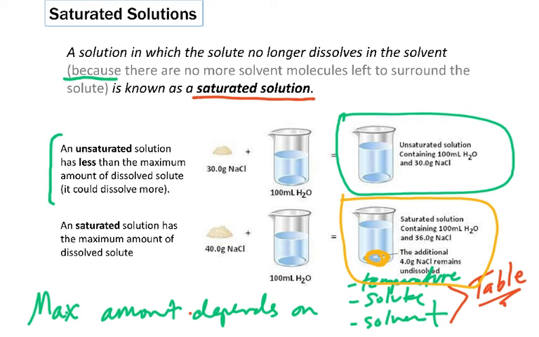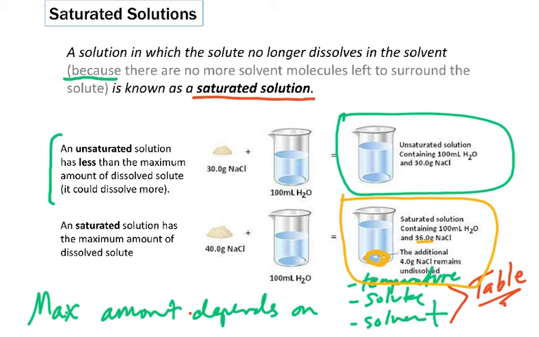So if I were to ask you, what do you think the solubility of sodium chloride is at this given temperature, from the information given here? What's the maximum amount of NaCl that can be dissolved in 100 milliliters of water? Right, you see it, it's 36, right? Because you put 40 in, 36 dissolved, and 4 was left undissolved.